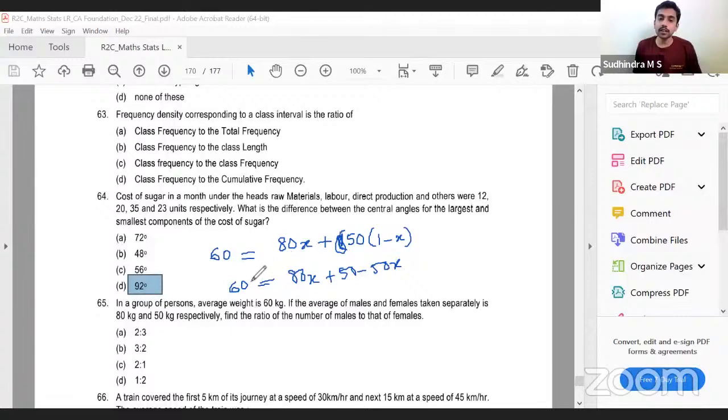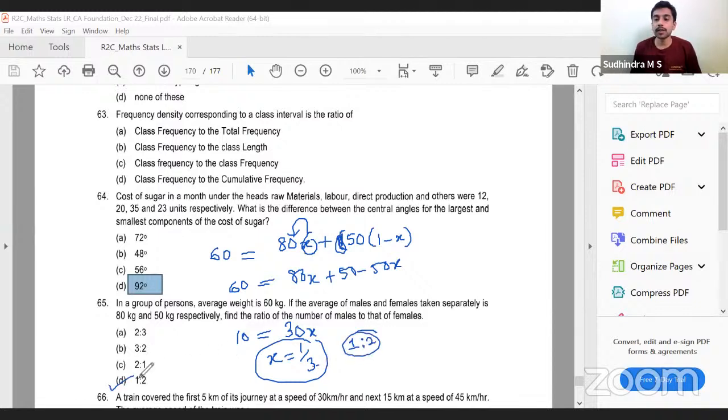If I send 50 the other side, 60 minus 50 is 10. 80x minus 50x is 30x. So can I say x is 1/3? What is x? X represents male. So 1 male for every 2 females. Total 3 people, 1 for every 2 females, 1:2 is the ratio of male to female.